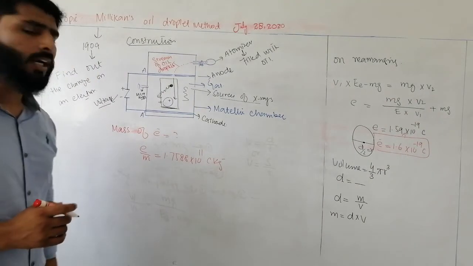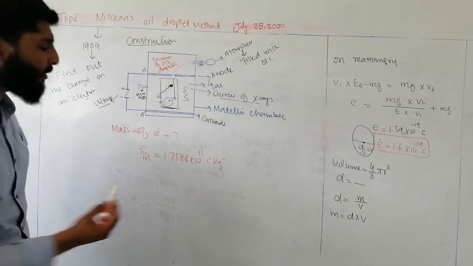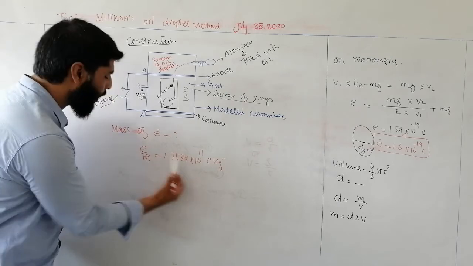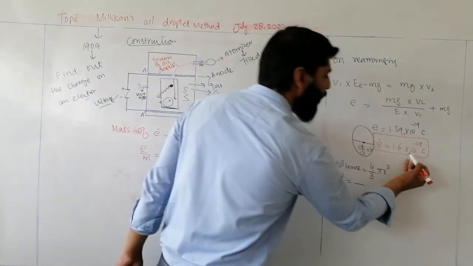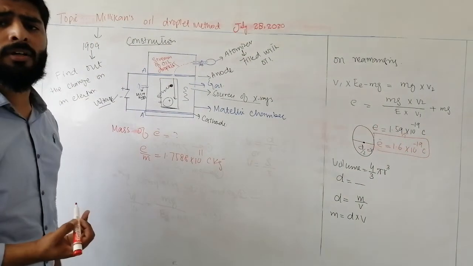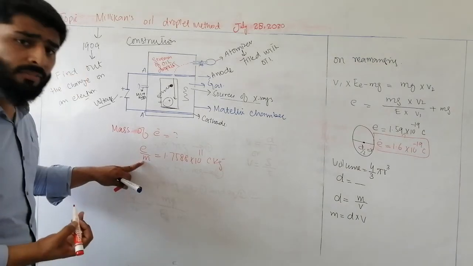This is the charge to mass ratio. Students, we have the charge to mass ratio and we also calculated the value of charge on an electron. So we can find the mass of an electron.